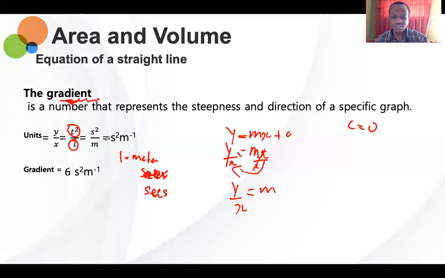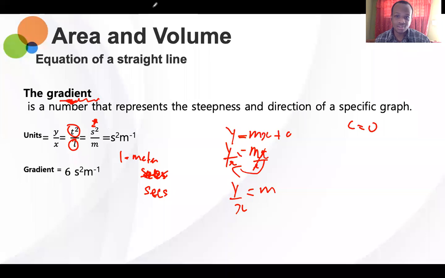So it is not difficult. We're just finding the unit for the gradient. So we calculate the unit for the gradient and we get seconds squared over meters, right? And m is in the denominator, so it would be to the power of -1. Whenever we have a unit in the denominator, it is essentially -1. So we have seconds squared m to the -1.